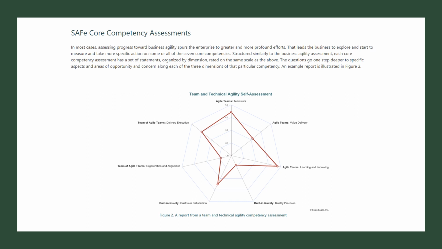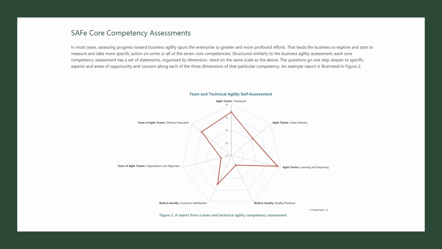In most cases, assessing progress towards business agility spurs the enterprise to greater and more profound efforts that lead the business to explore, start to measure, and take more specific action on some or all of the seven core competencies.